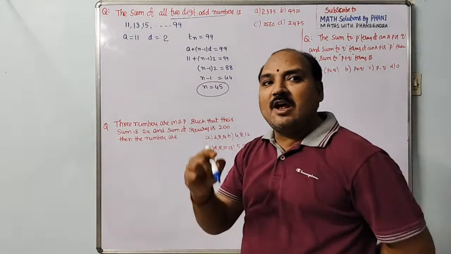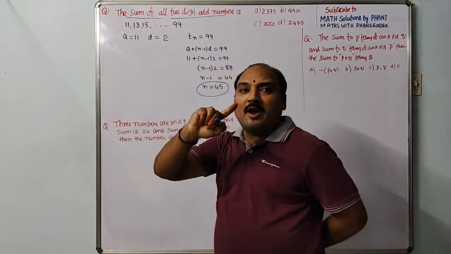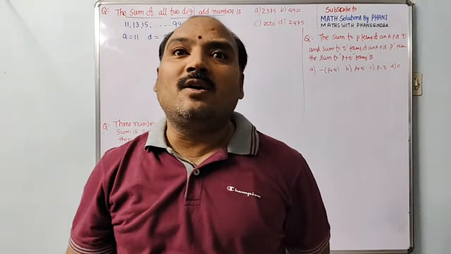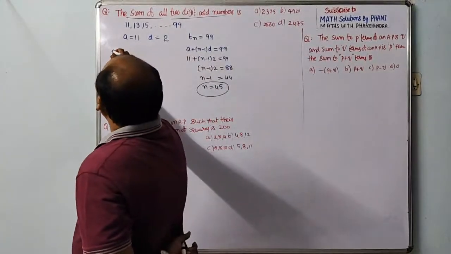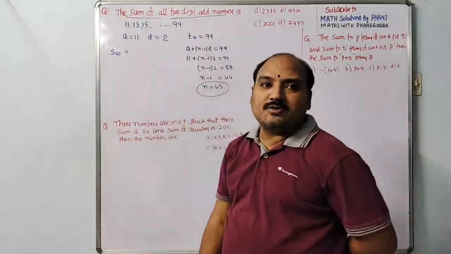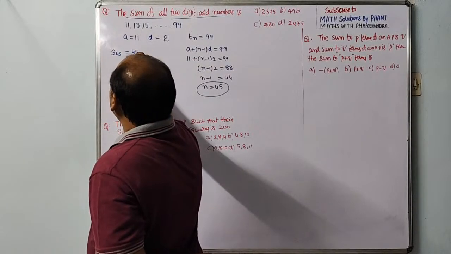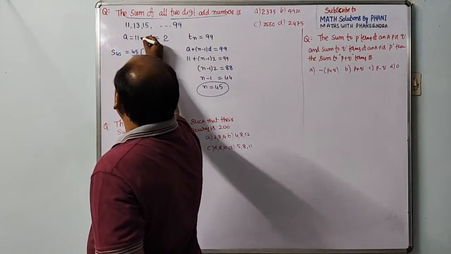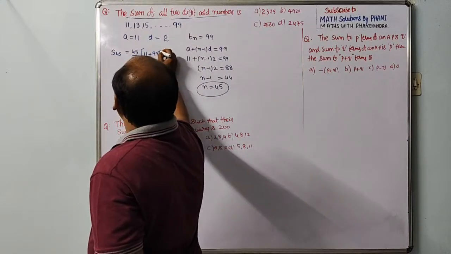After getting n equal to 45, they are asking to find the sum of all the two-digit odd numbers, so S45. That is n by 2 times (a plus l). The nth term is 99.